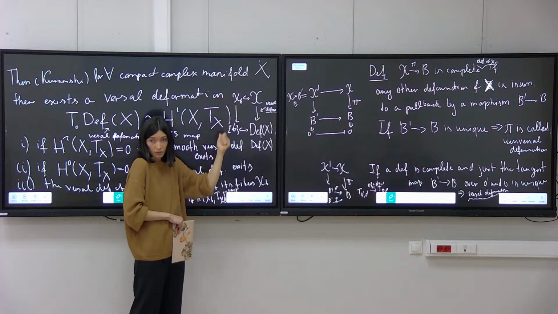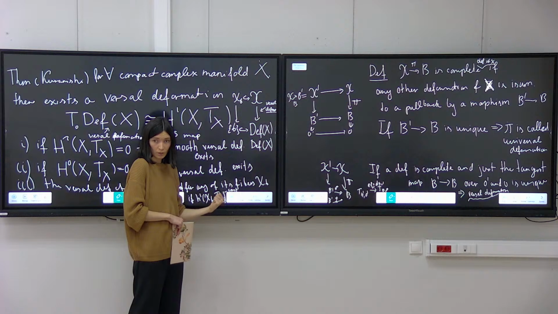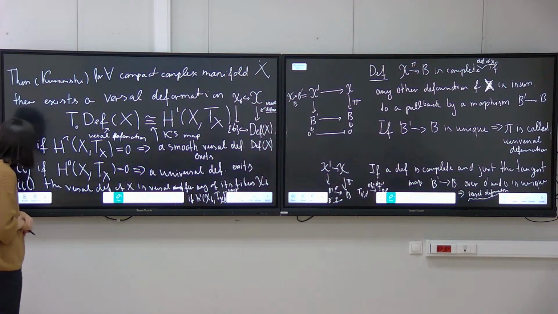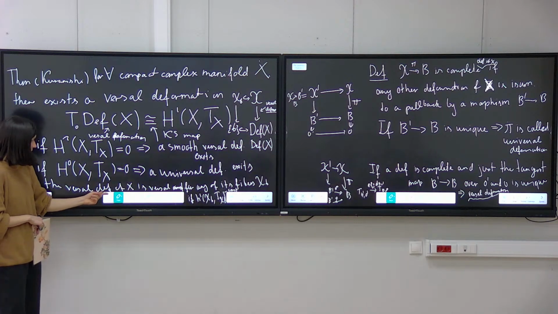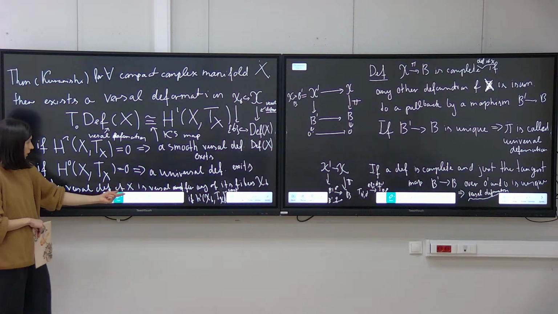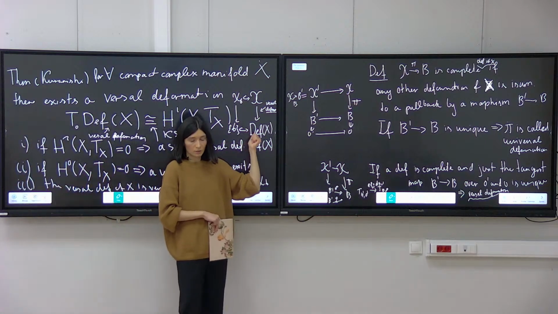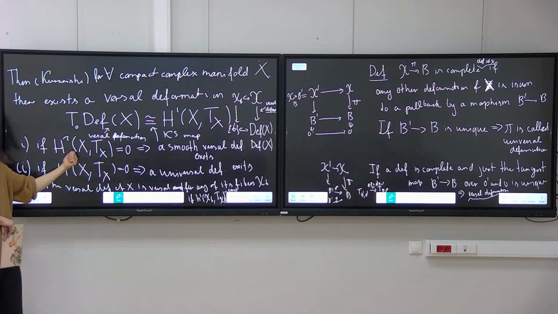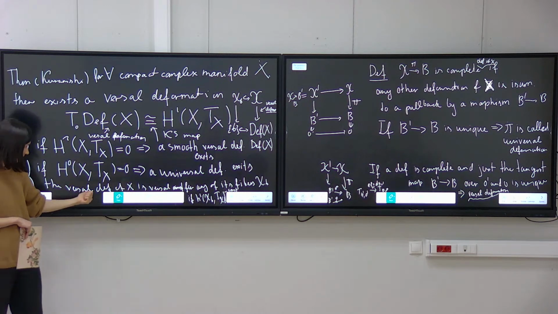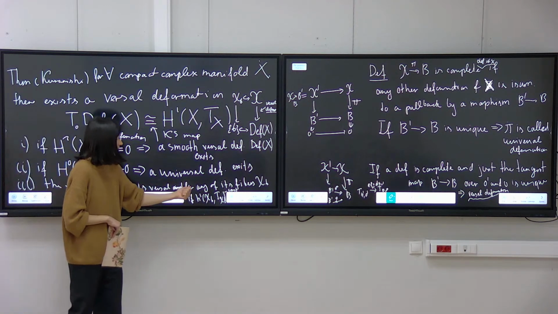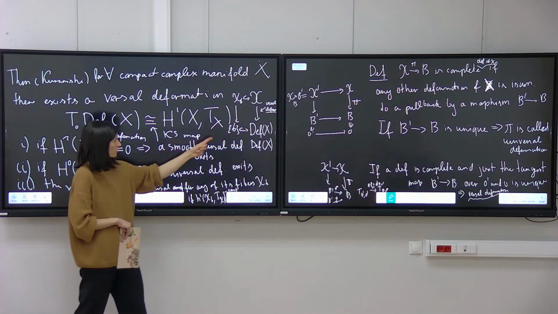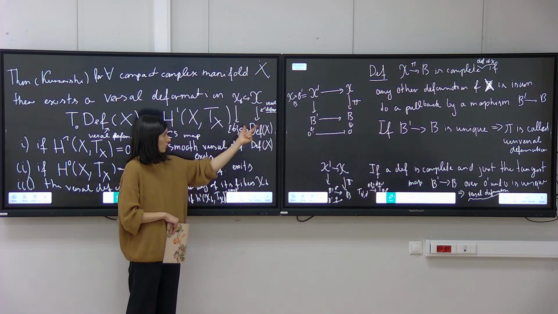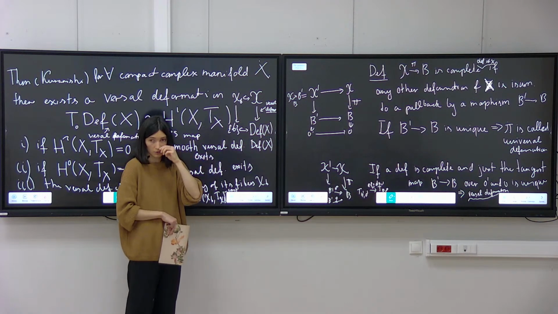So locally, it's always true because of upper semi-continuity. But note that here we don't require the deformation to be smooth. This is true even for non-smooth versal deformation. Okay.